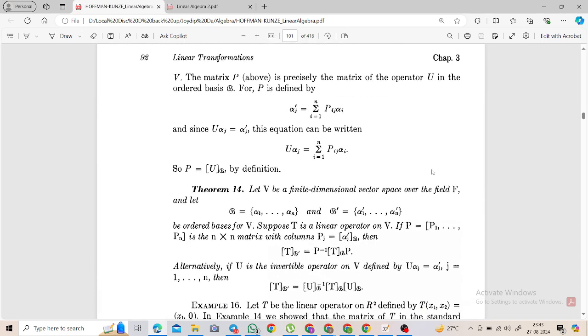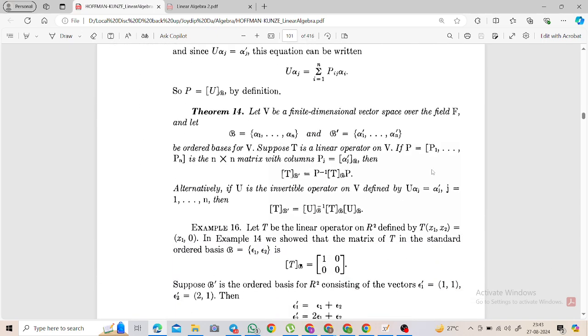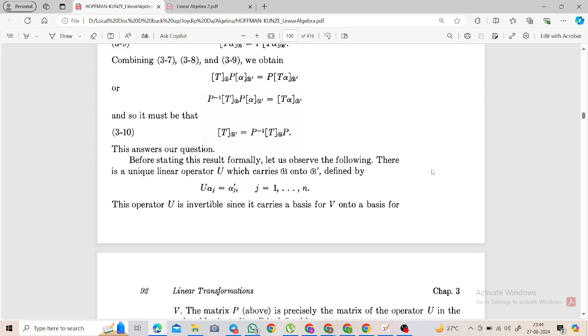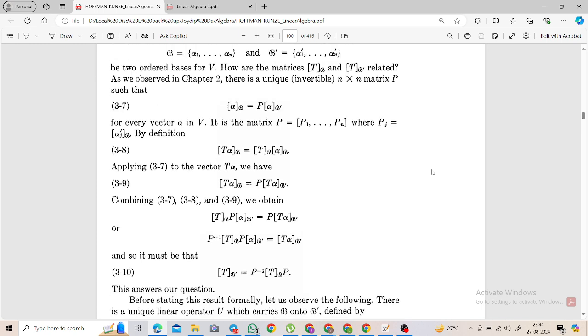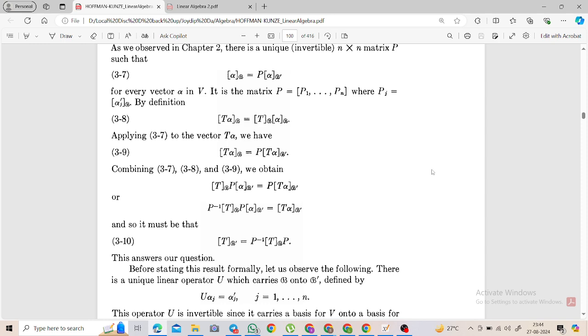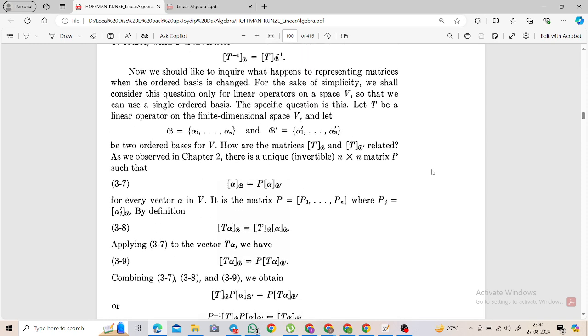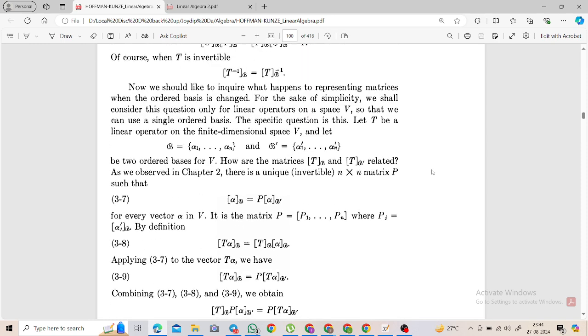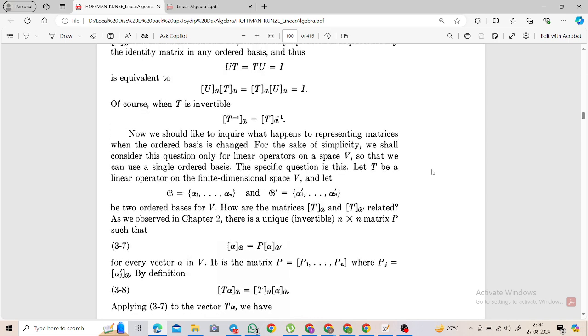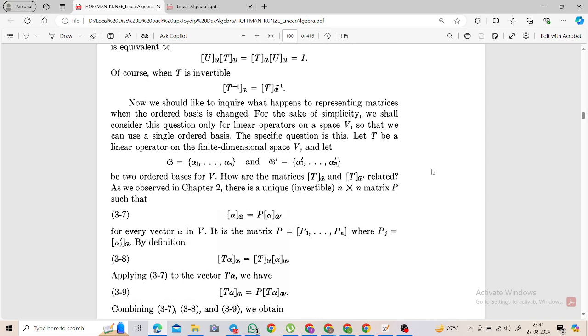You can go through these things at home, I think. Okay, this is a very important thing. For every vector alpha in V, it is the matrix... Okay, this is a very important thing.